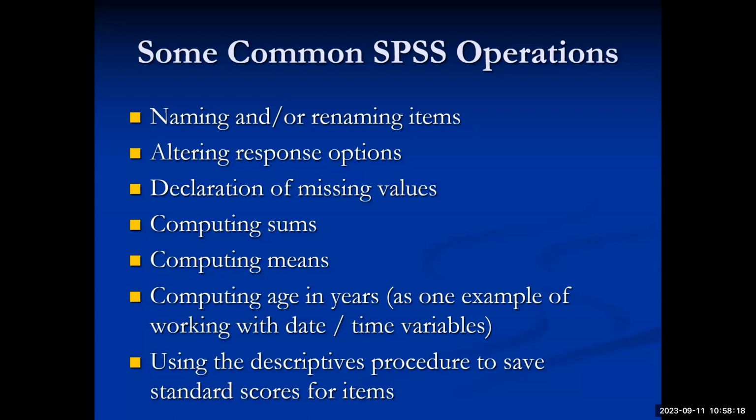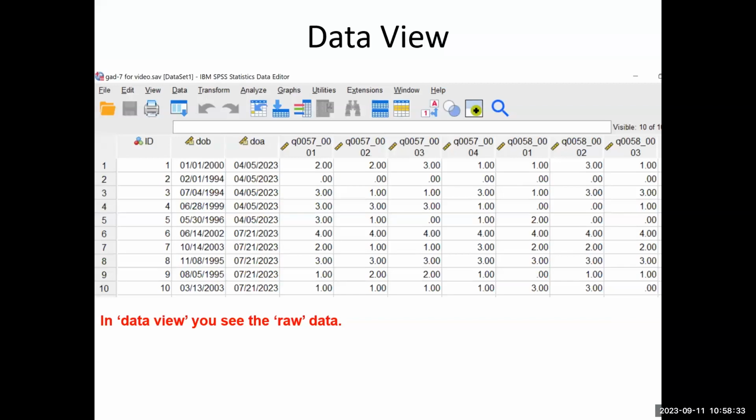SPSS is a software package used for statistical analyses. It's commonly used in the social sciences, and so I'm going to present some of the command syntax to perform some of these basic data management operations.